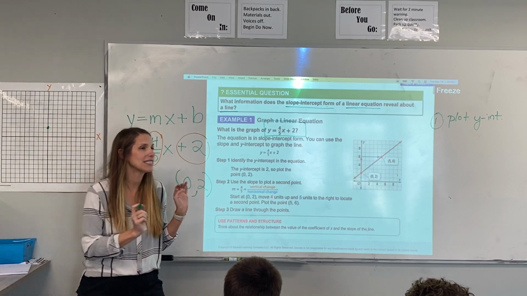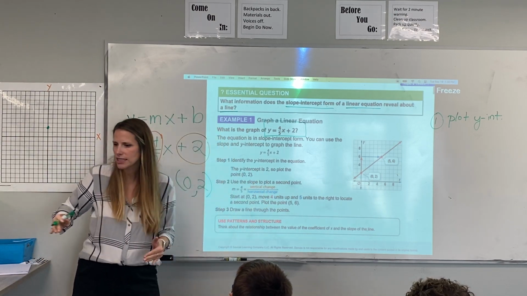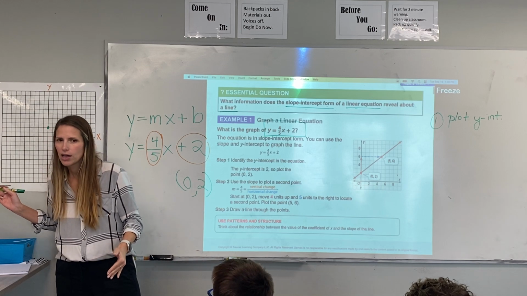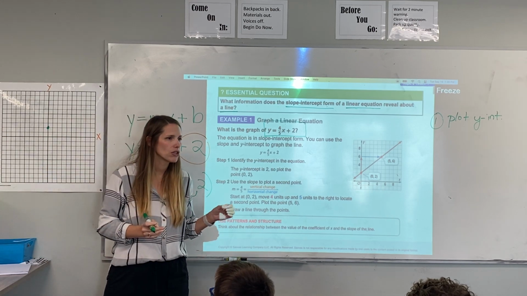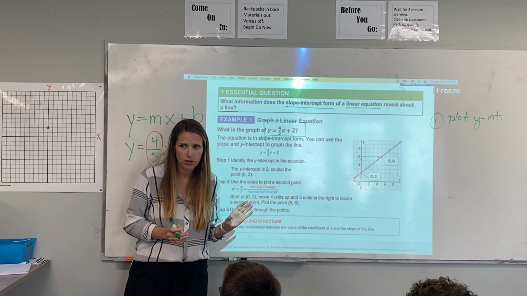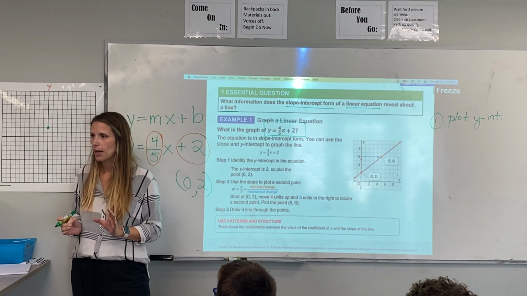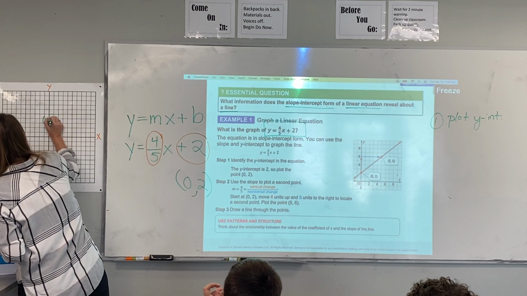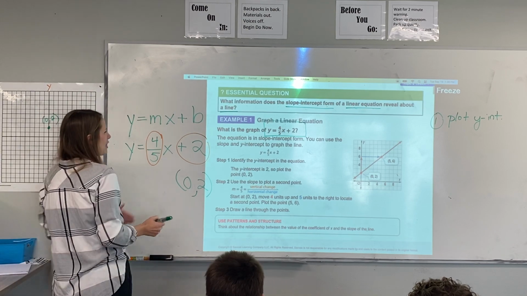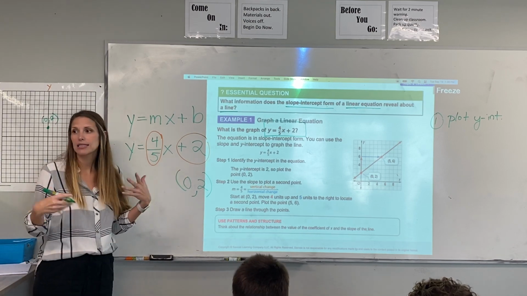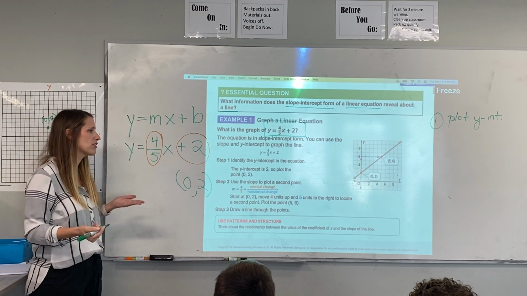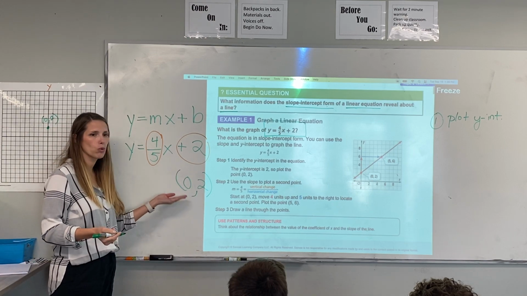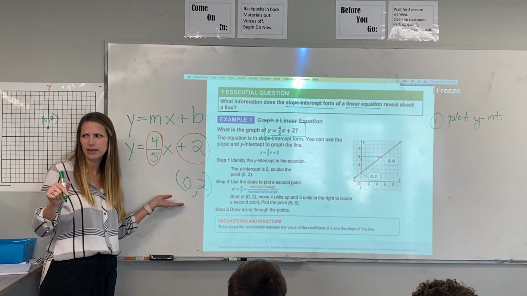If it's 96, if it's negative 14.123, your x value is 0 for your y-intercept coordinate pair. So we have a point that's 0, 2, but they don't need to show us the 0, 2 because it's obvious. Every time we have a y-intercept, the x coordinate is 0. Does everybody understand that? Yes.